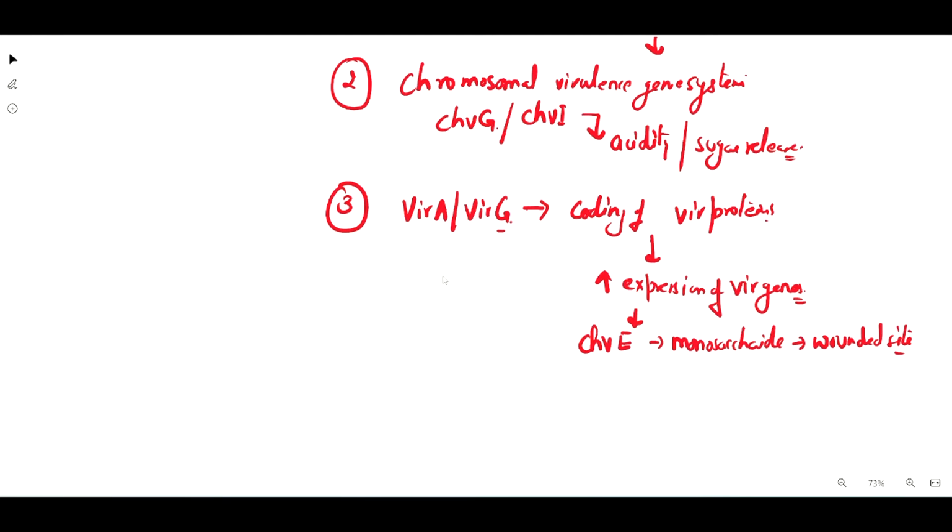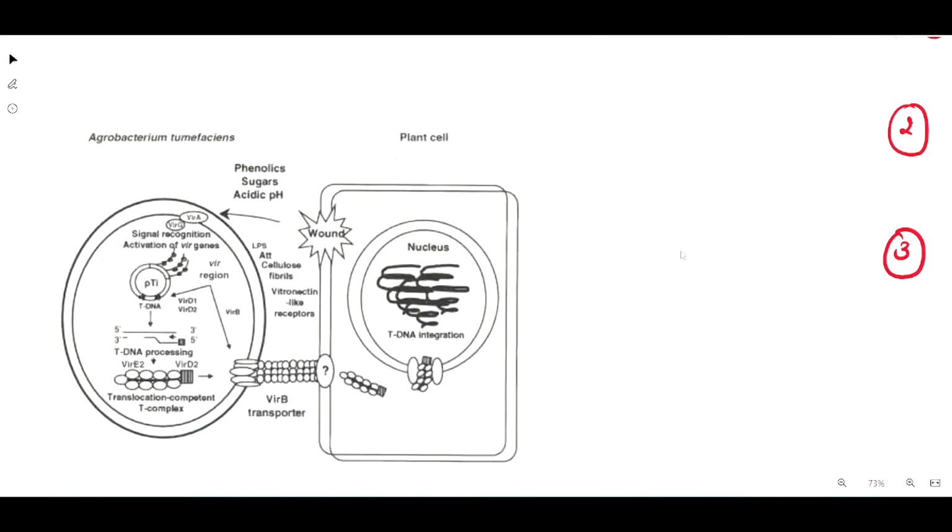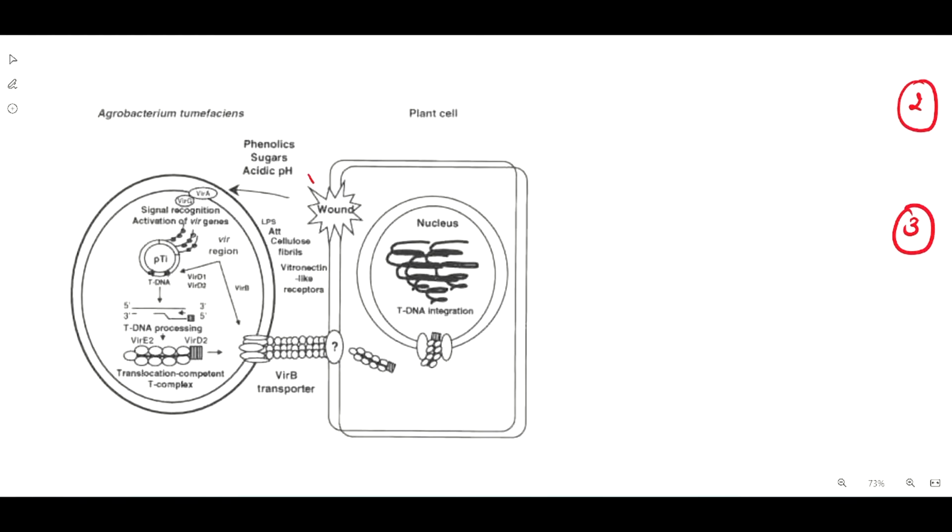So as you can see in this image, as the wound occurs in the plant cells, it attracts the Agrobacterium tumefaciens cells through chemotaxis, and the molecules it releases are phenolics, sugars, and acidic compounds.